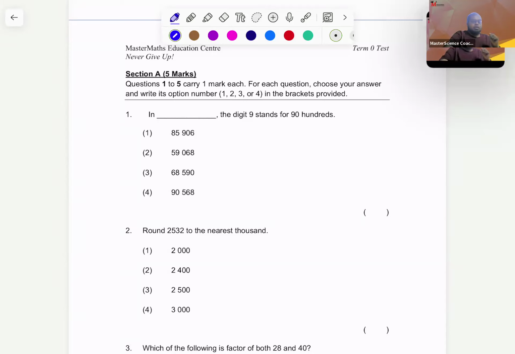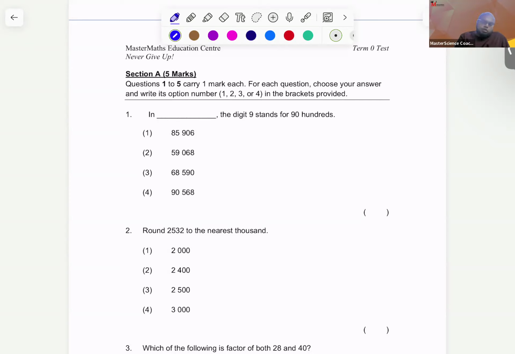Okay, take out your paper lah. Okay, so 90, 100 means what? 100 got how many zero? 2 zeros.